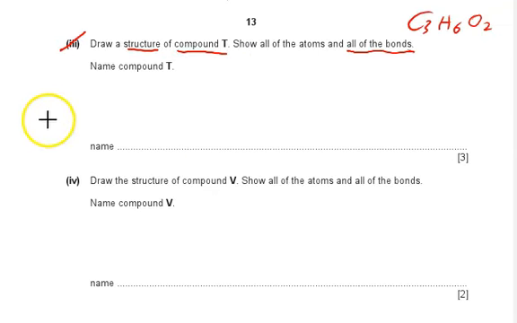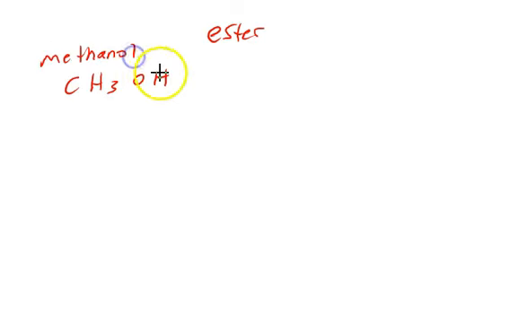So ester, please remember. Let me just give you a revision of what an ester is. Here, an ester is the combination of an alcohol, so let's say we have, what is this? This is methanol.